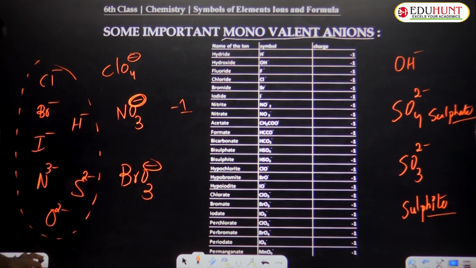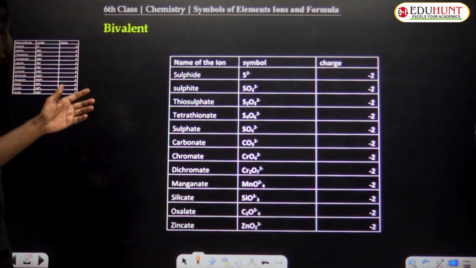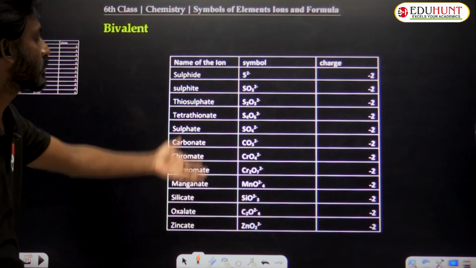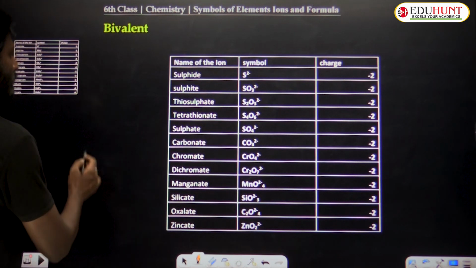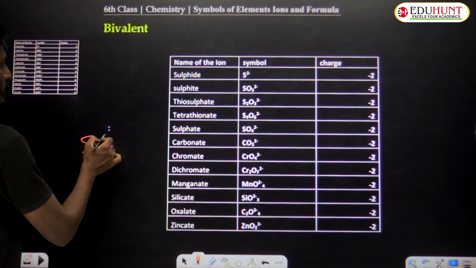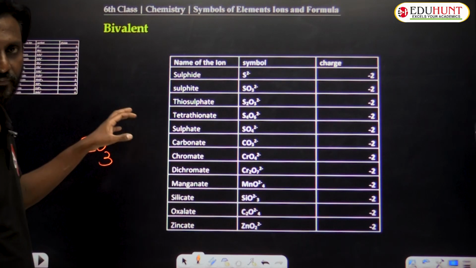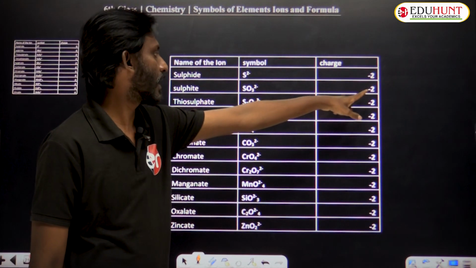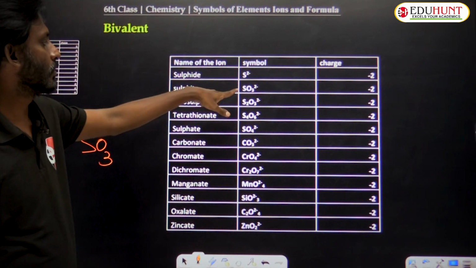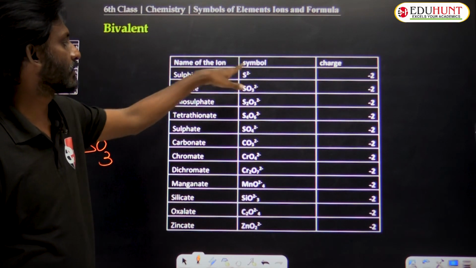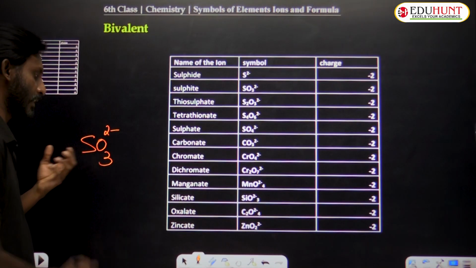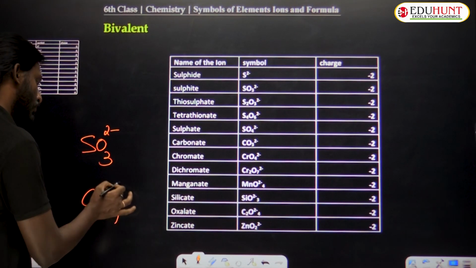These are monovalent. And what about divalent? Some divalent species I have given here. SO3 2 negative. This is the charge, minus 2, and you use that minus 2 charge to identify the valency. It is bivalent. CrO4 2 negative.